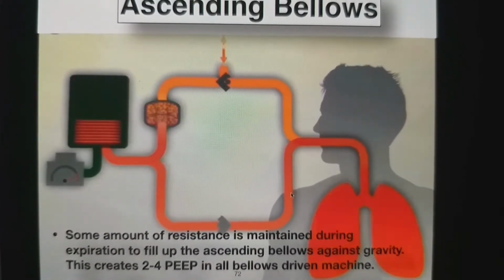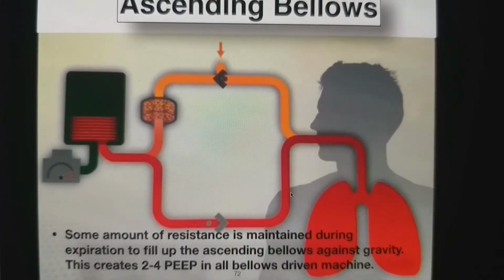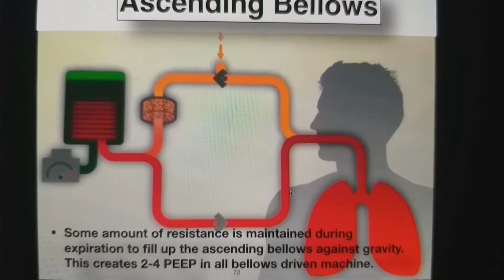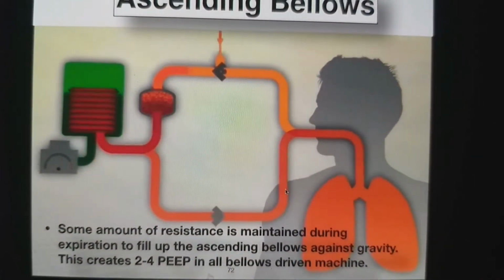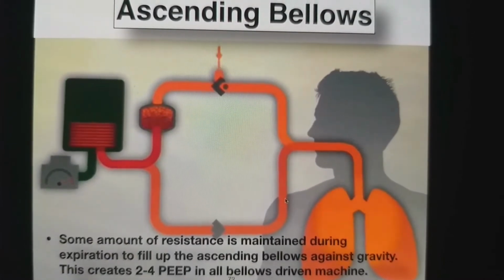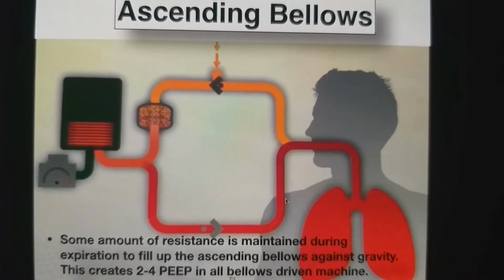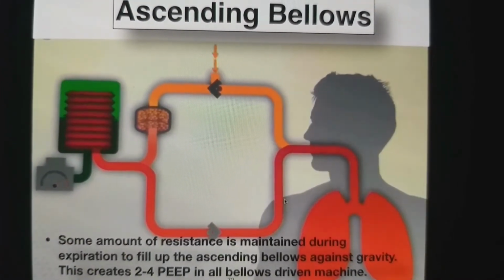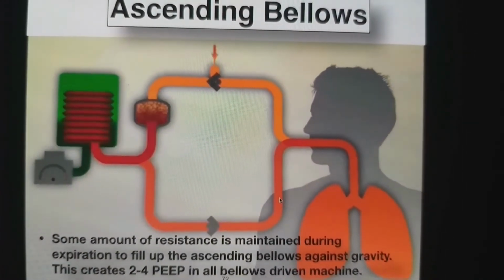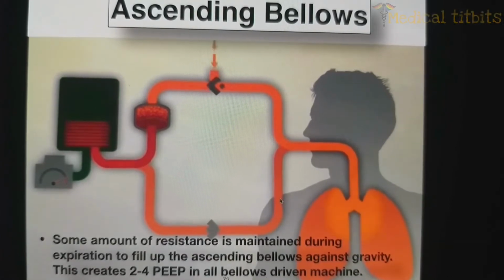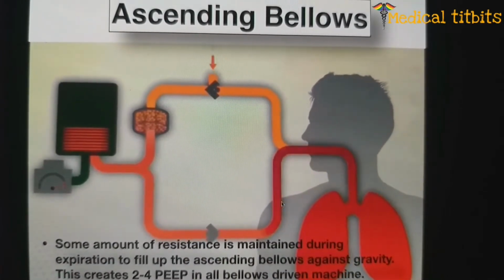In all bellows anesthesia machines, you will always see some amount of PEEP being delivered. Even if you have set PEEP at 0, if your anesthesia machine is showing it, you will see 2 to 4 PEEP in your patient. This is called internal PEEP, and it is because of the technology, where for filling up the bellows you need some amount of PEEP inside.